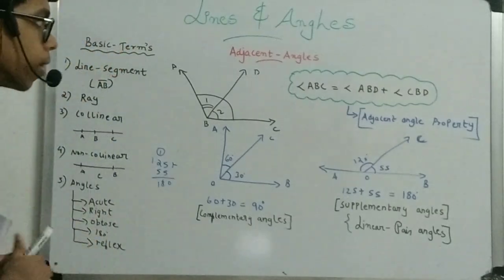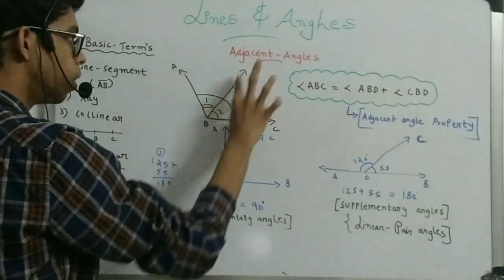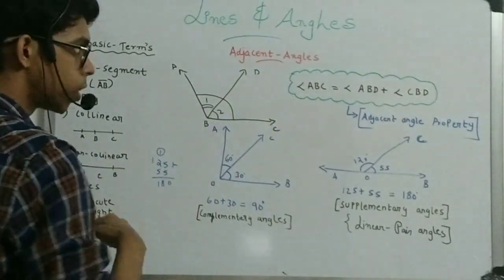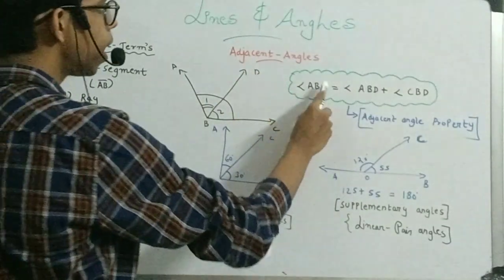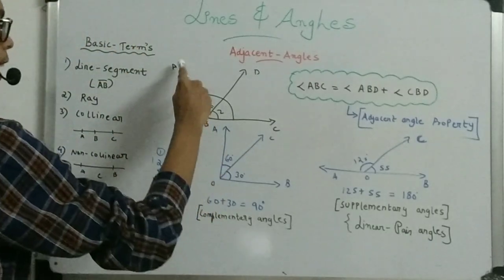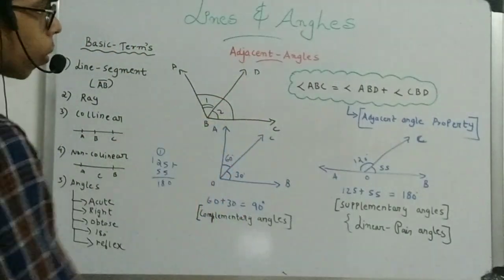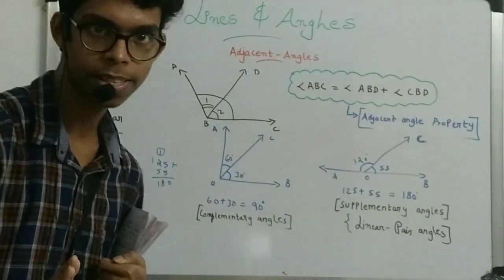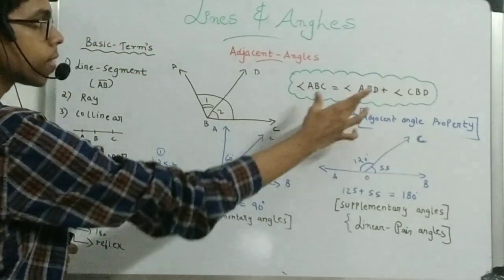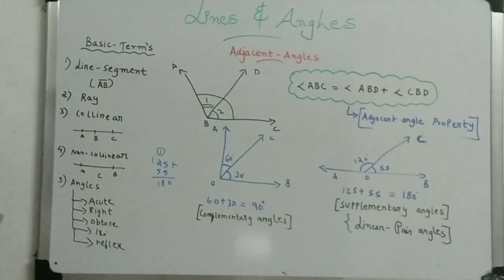So this full angle ABC will be the sum of this individual angle and this individual angle. So I can write angle ABC is equal to angle ABD plus angle CBD. You can use this relation if the angles are adjacent only, and we call this relation the adjacent angle property.